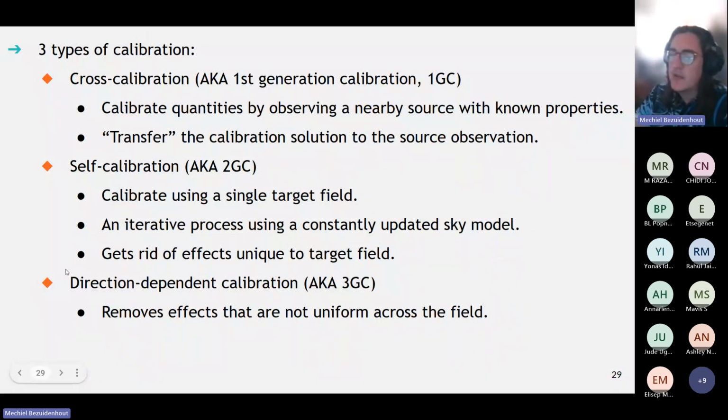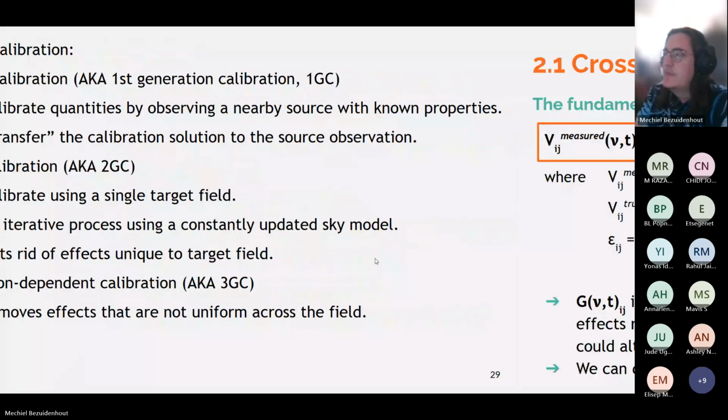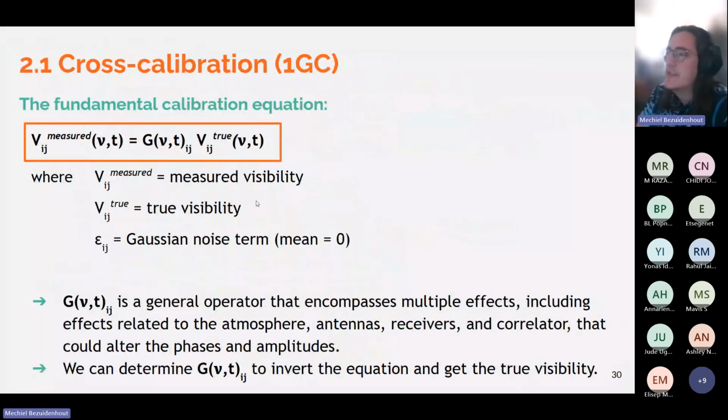Because with calibration we apply a single calibration solution across the entire field, if you have an effect that is non-uniform across the field, that only affects certain parts of the field, you can't get rid of it using 1GC or 2GC. You have to use some special techniques, which we all call 3GC. So let's talk about cross calibration first.